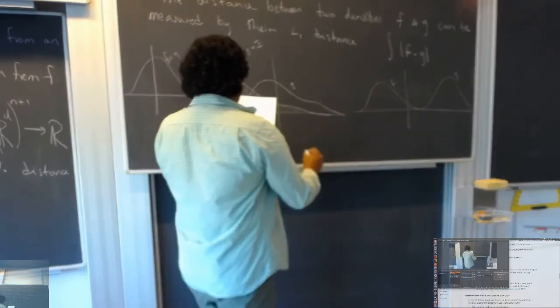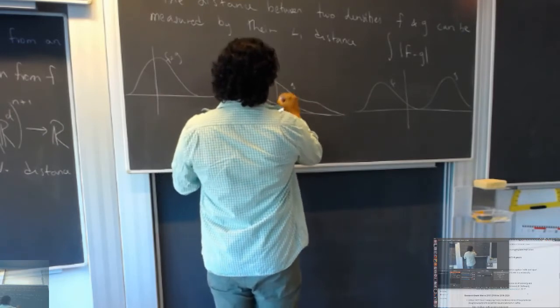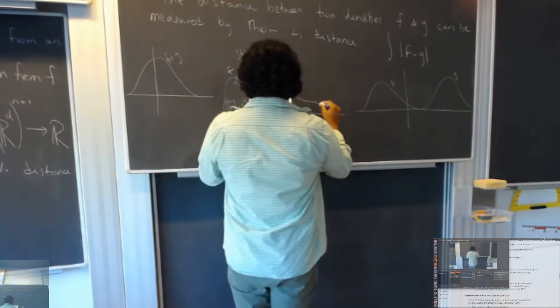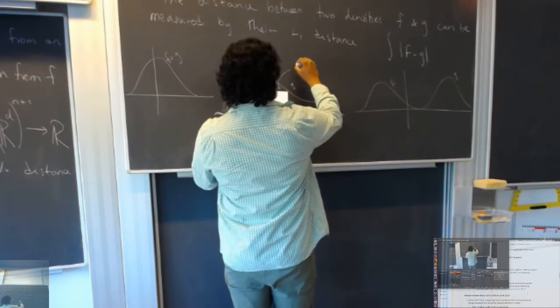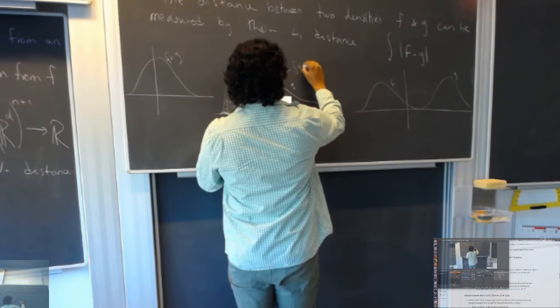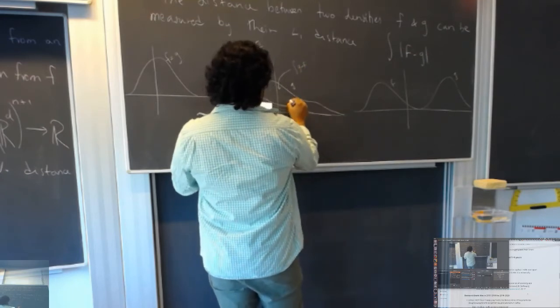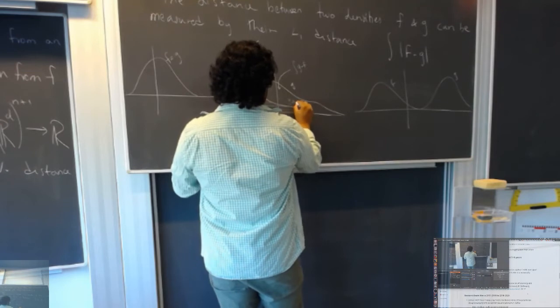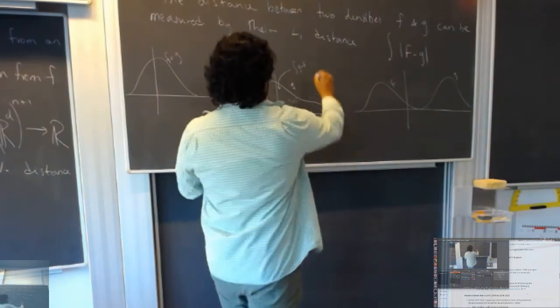And this is where g is strictly greater than f, so this part is the integral of g minus f, where g is greater than f. I'm going to call this piece 2.